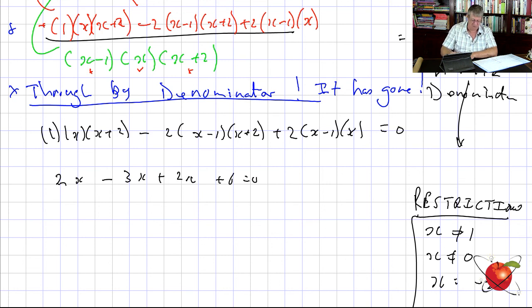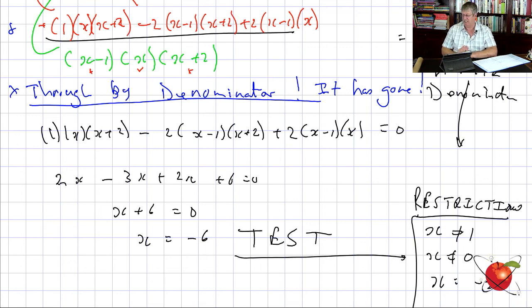And we simplify further. We end up with x plus 6 equals 0, x equals minus 6. Then we test. Can x be minus 6? Yes, it can. Therefore, that's fine. I can go ahead and say my answer is minus 6 because it doesn't defy any of the restrictions.